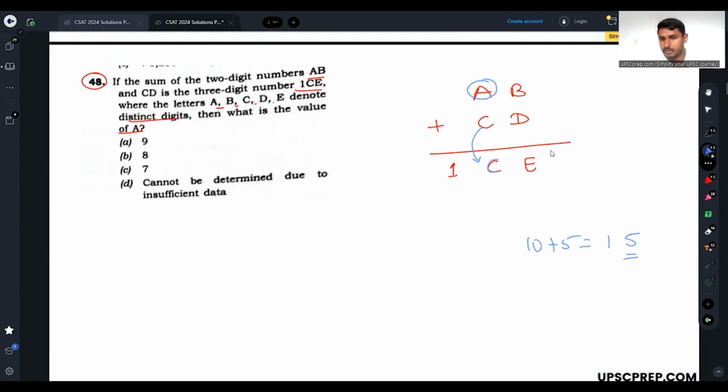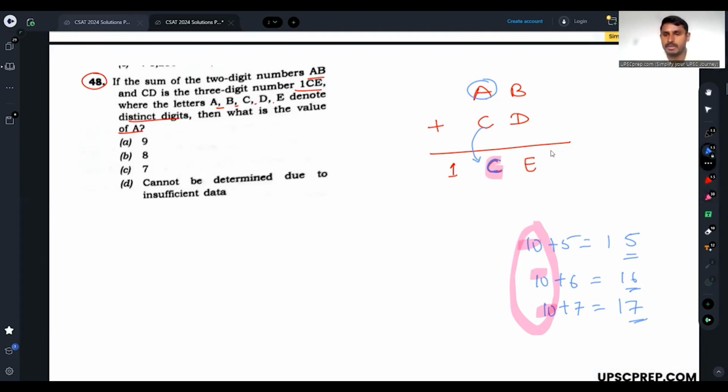If you want to get 6, then you have to add 10 plus 6. So this 10 should be added to the number C, then you will get C here for sure.